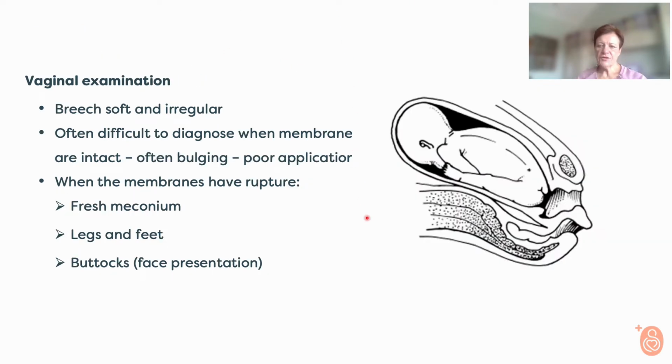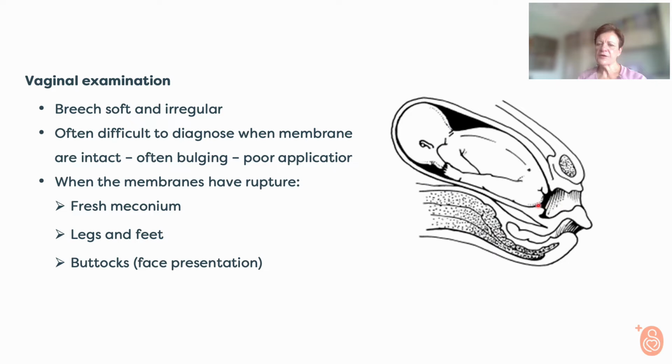Now, in the case of vaginal examination, to help us further with our diagnosis, if we do a vaginal examination, we will feel the breech that's soft and irregular in comparison with a hard, round vertex or head.